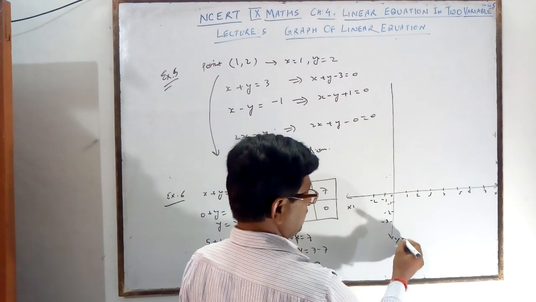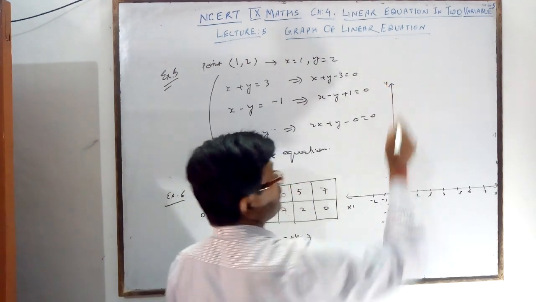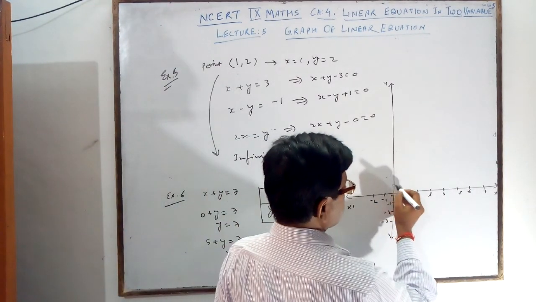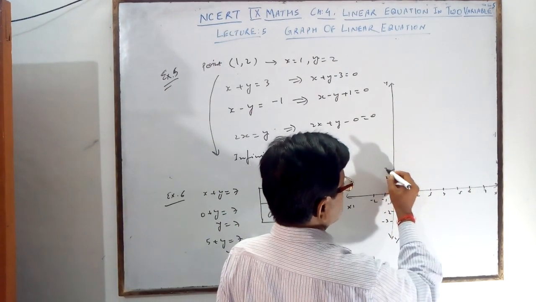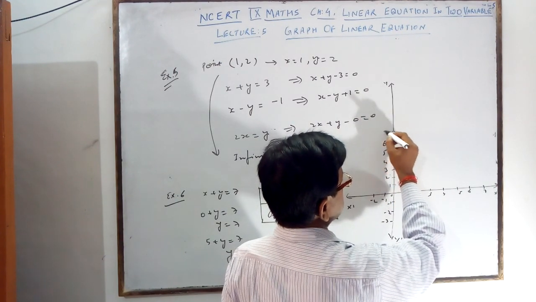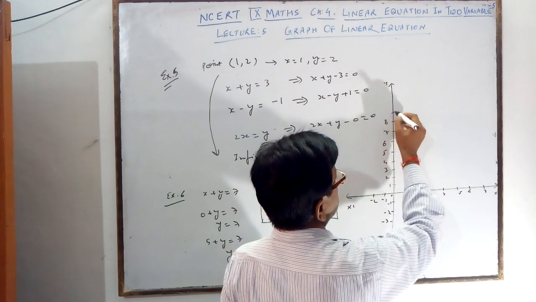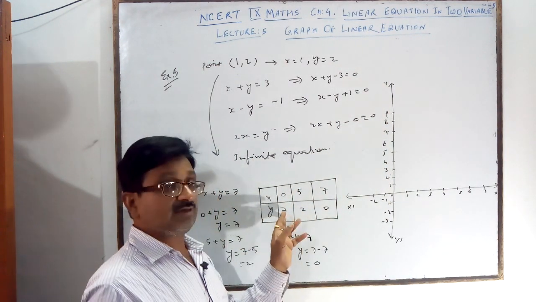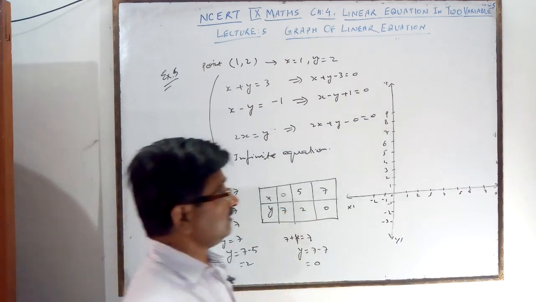Here you write y dash, here you write y, and mark 1, 2, 3 up to 9 if you want, but till 7 is required. Maximum in y is 7.